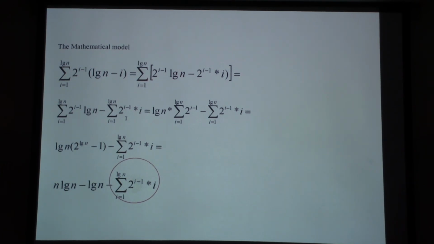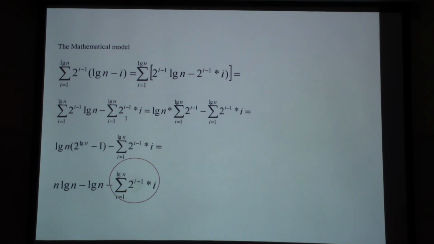Here's the first one, here's the second one. lg n is a constant, goes out in front, and so this becomes a simple geometric series, the first term. And the next one is more of our i times 2^(i-1) type summation. One easy way you could do this is multiply it by 2. If you multiply it by 2, you get i times 2^i, and then divide it by 2. It's a cheating way of doing it, but it's very, very effective.